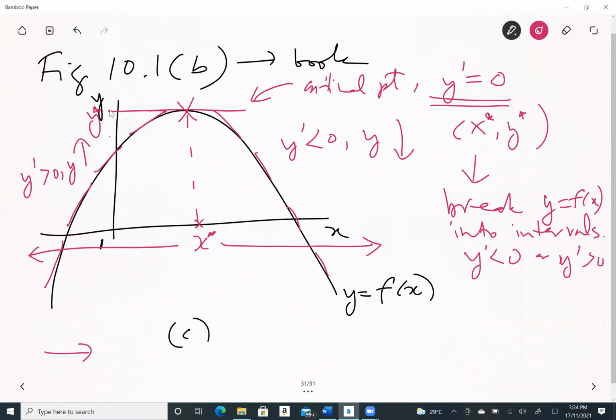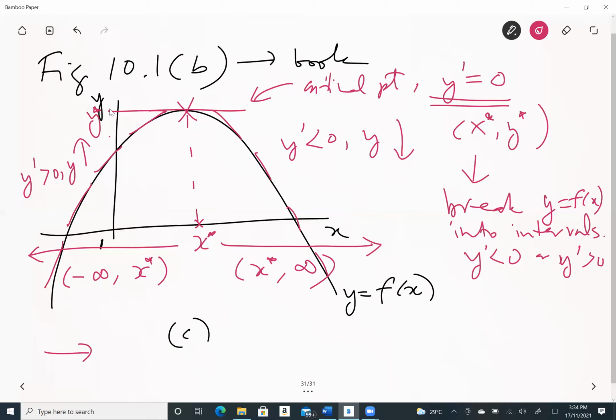On the left, y prime is positive. On the right, y prime is negative. We denote the intervals as negative infinity to x star, and x star to infinity.